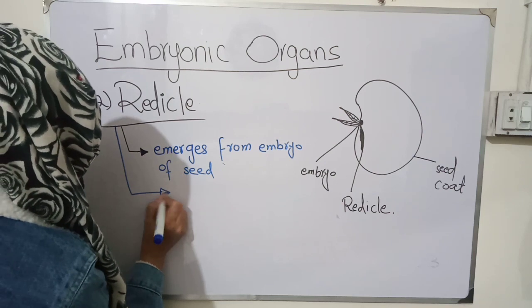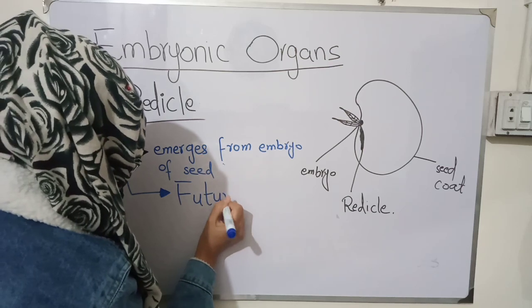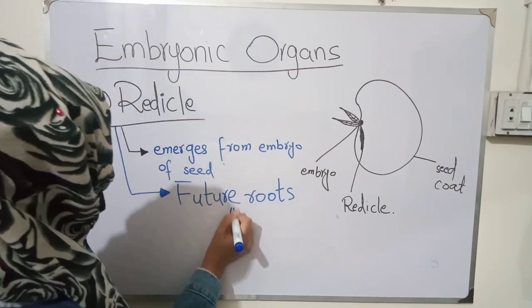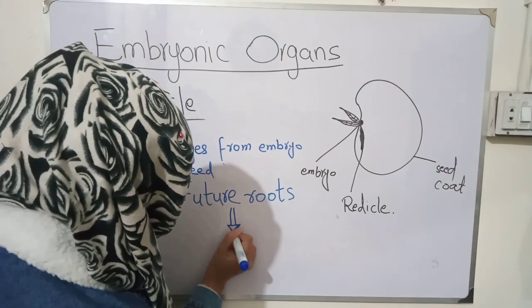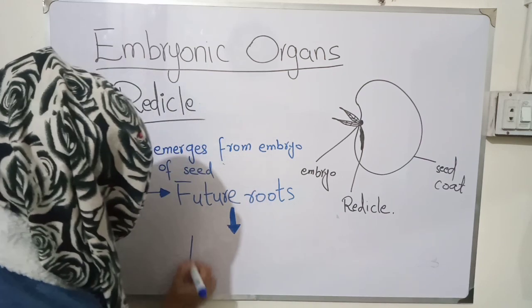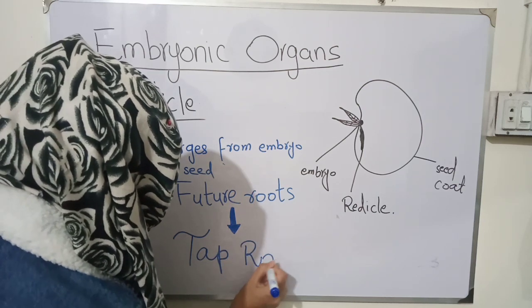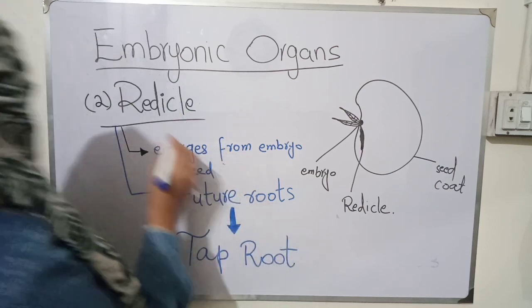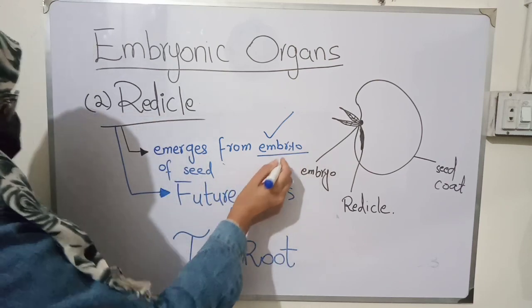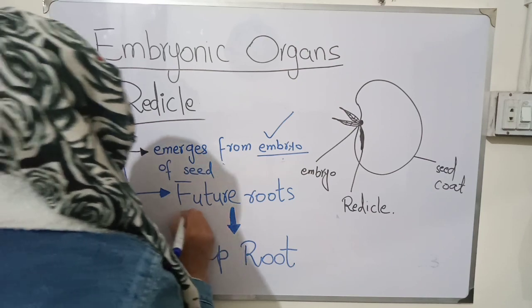It is the future root, which is the taproot. Radicle emerges from what? Embryo. Then it forms the future root.